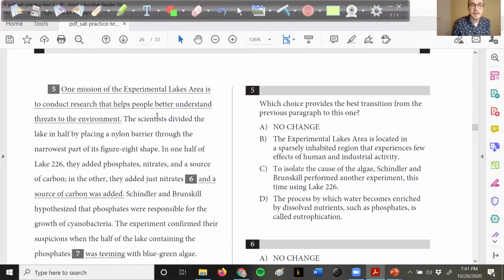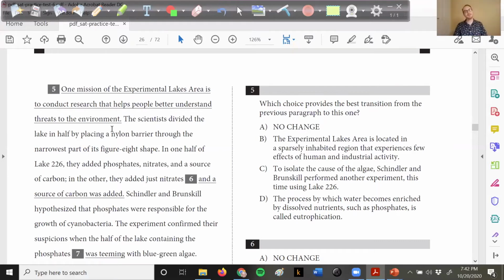One mission of the experimental lakes area is to conduct research that helps people better understand threats to the environment. So now we're moving on to a new paragraph, and we have a whole sentence that's underlined. And we're being asked, which choice provides the best transition from the previous paragraph to this one? Now, 5 is a bit of a tricky question.